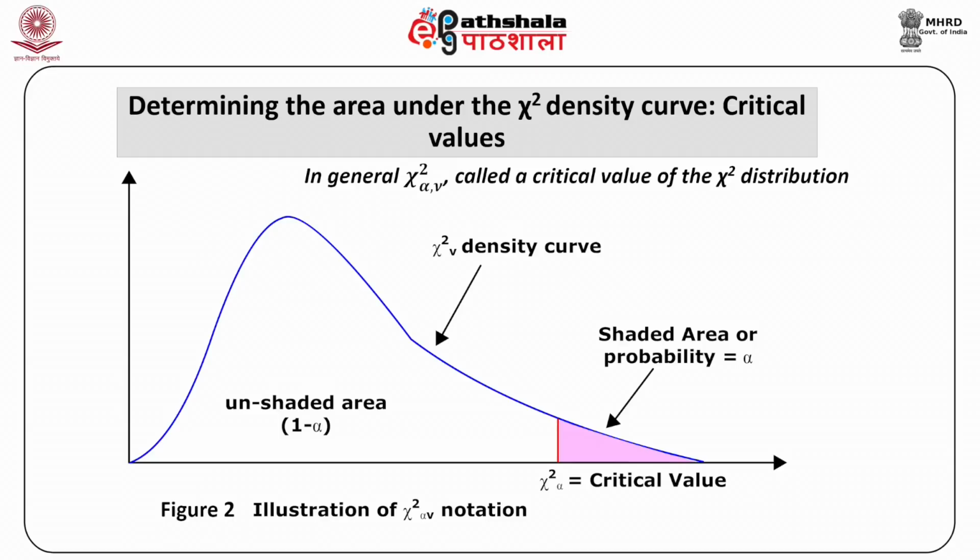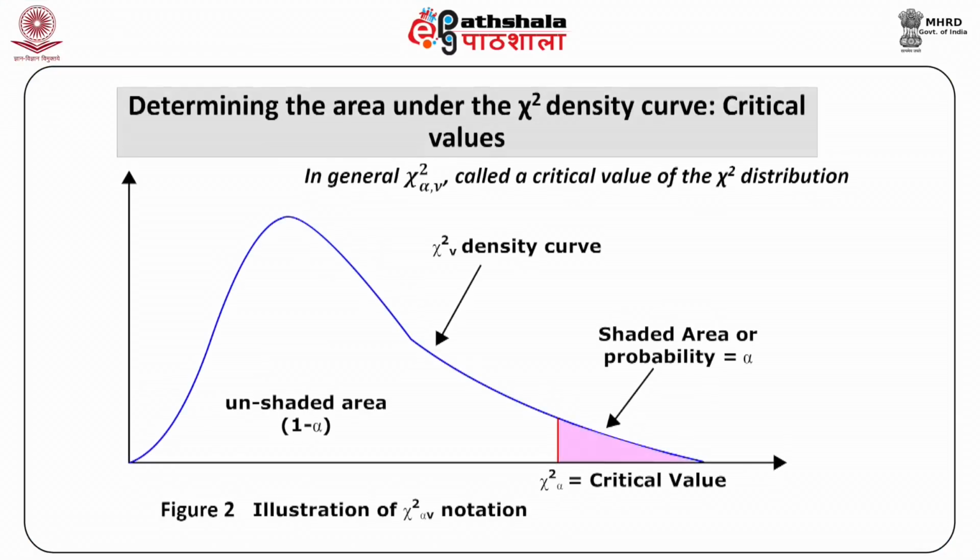Now, this can also be interpreted as the probability of obtaining a value of the test statistic chi-square 10 with degrees of freedom 10 equal to or greater than 18.307 is 5%.